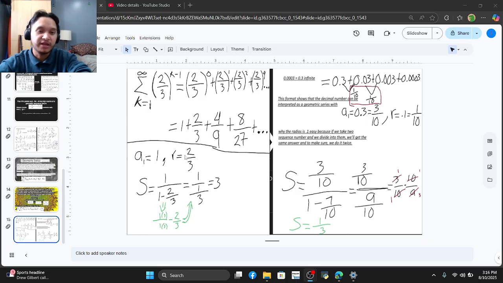We will only need the first term and the ratio, memorize the formulas and just apply them, and you can do any summation of an infinite number. With all of this information, you can actually solve it pretty easily, remembering the formulas.